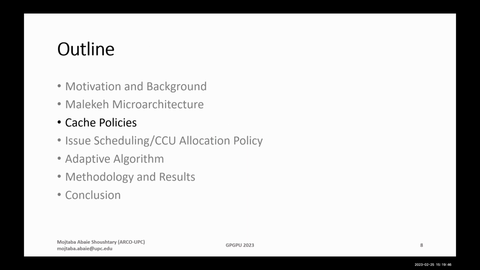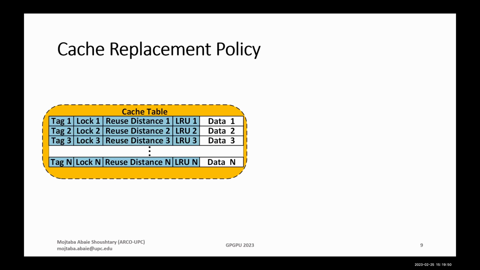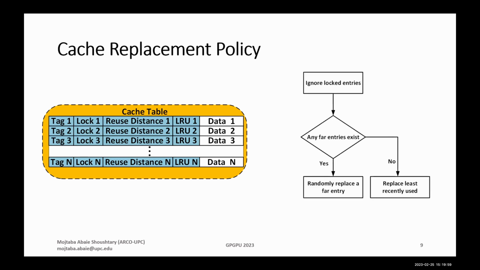Now, I will explain a little bit the cache policies we defined. First, I will explain the cache replacement policy. In the cache replacement policy, we use 3 fields in the cache table. First is the lock bit. The second is the reuse distance. And the third is the LRU field.